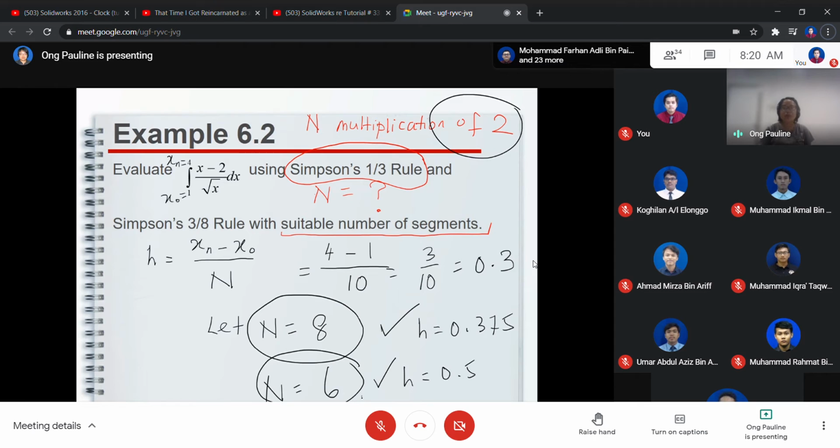So kalau kita biar N sama dengan 10, pemilihan yang betul untuk Simpson's 1/3, then we get H equals to 0.3. So untuk pemilihan N tu, sila kita melakukan pemilihan yang lebih bijaksana di sini. Alright, so untuk Simpson's 1/3, I will use N equals to 10. Cuba anda kirakan nilai H dengan letting N equals to 10.